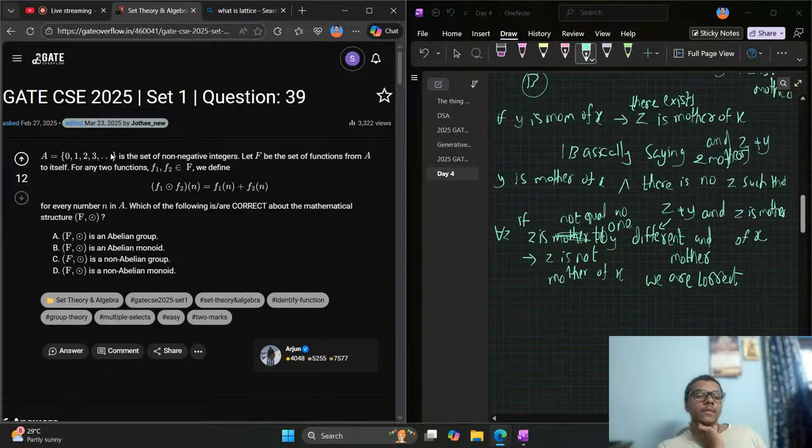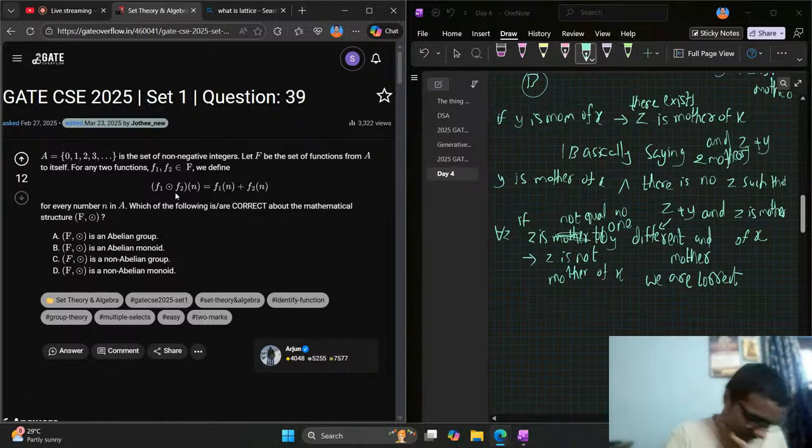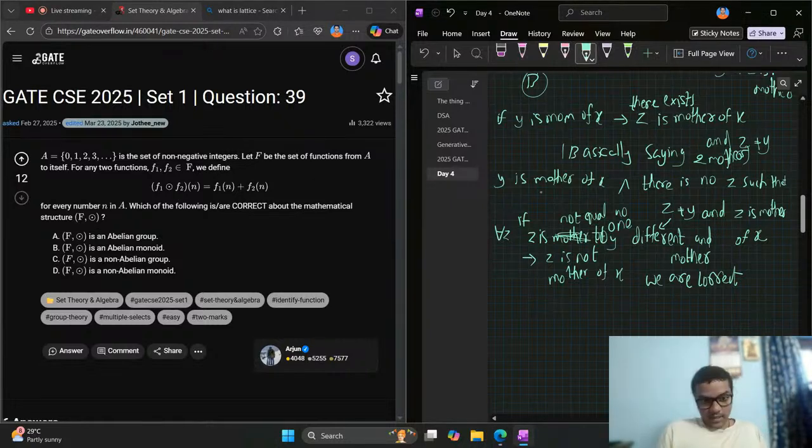A is a set of non-negative integers. F is a set of functions from A to itself. Okay, we did this one. We did this one as well. What is an Abelian group?